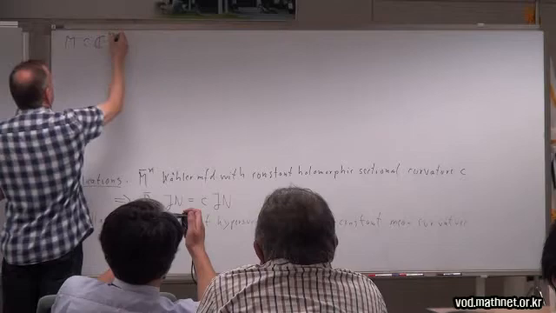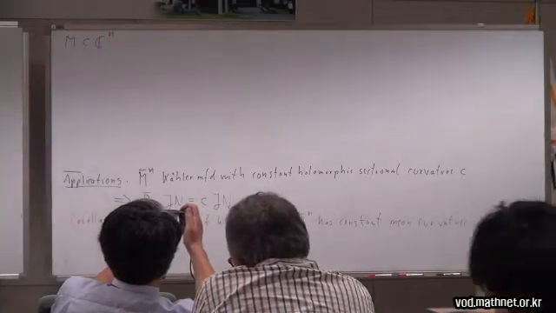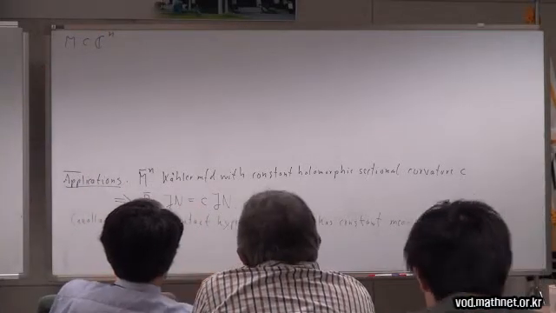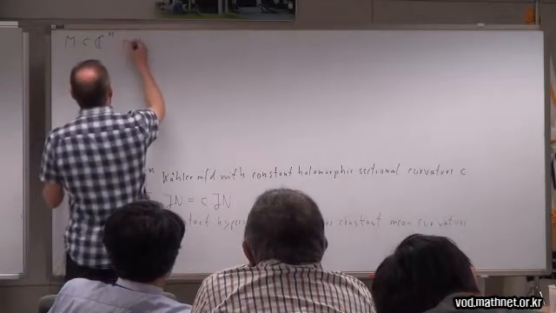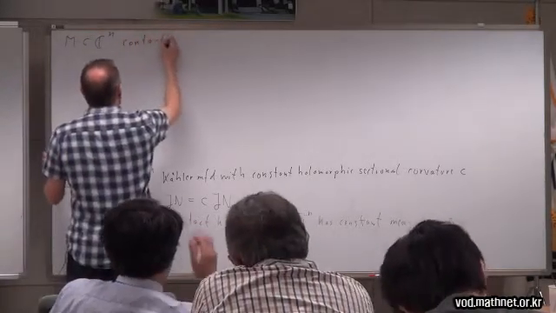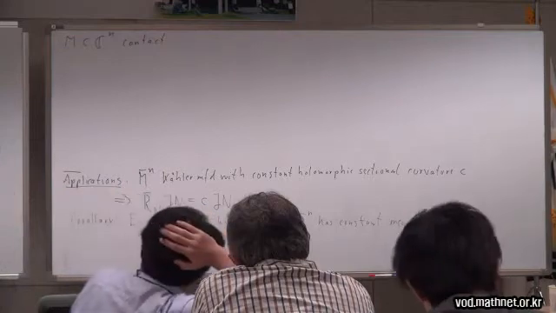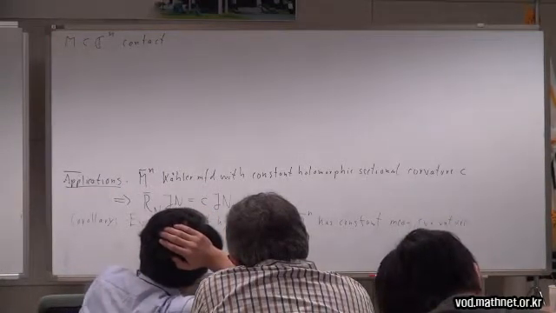So I want to discuss for a couple of minutes the case where the Kaehler manifold is complex Euclidean space. So M is a contact hypersurface.